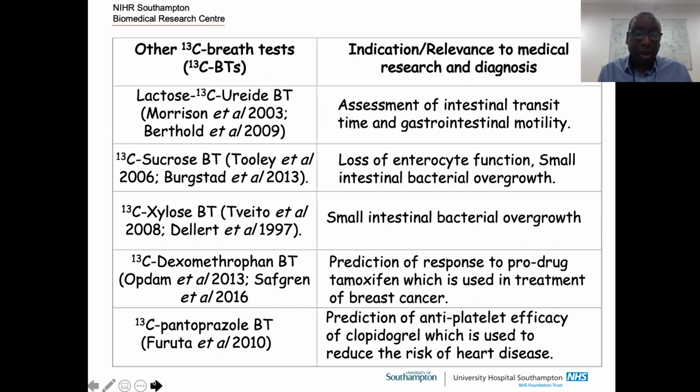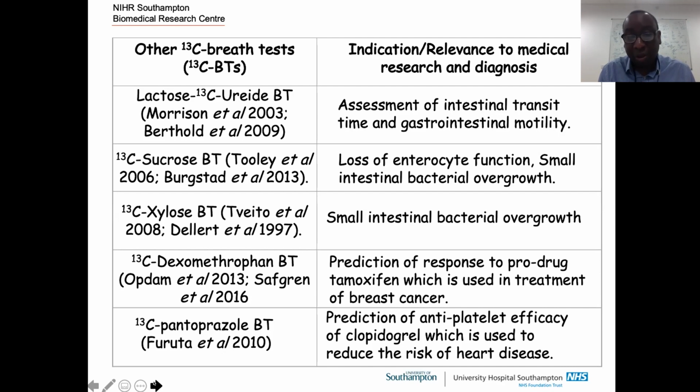There are also other 13C breath tests which can be used to assess metabolic dysfunction in the gut. For example, the lactulose 13C ureide breath test is used to look at intestinal transit times and also gastrointestinal motility. The 13C sucrose breath test is used to look at the loss of enterocyte function or small intestinal bacterial overgrowth, which is very important in an ICU or intensive care setting.